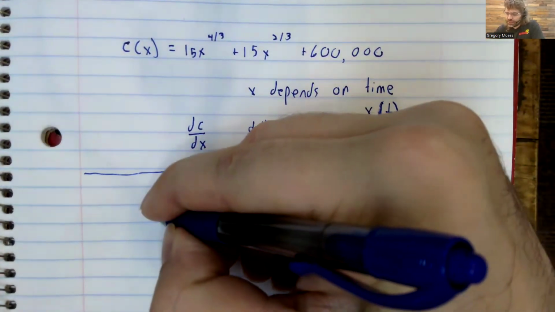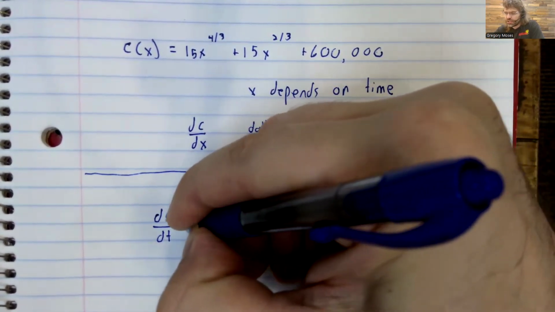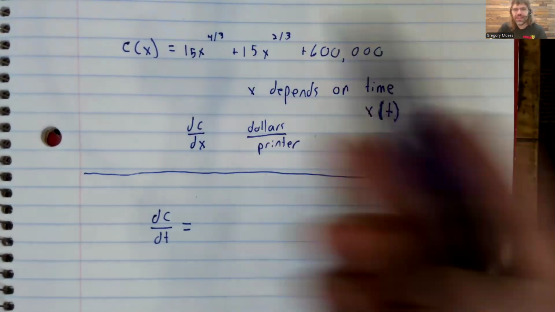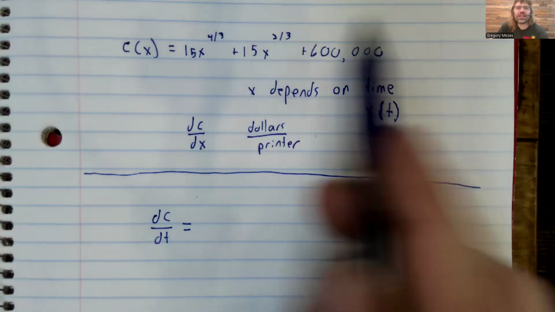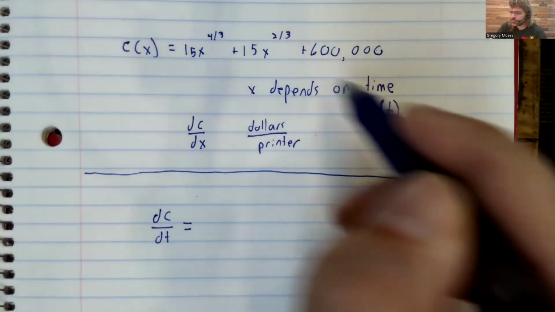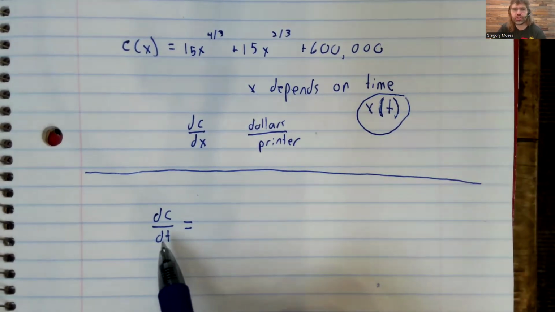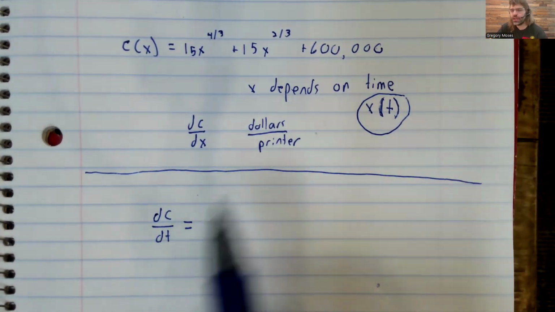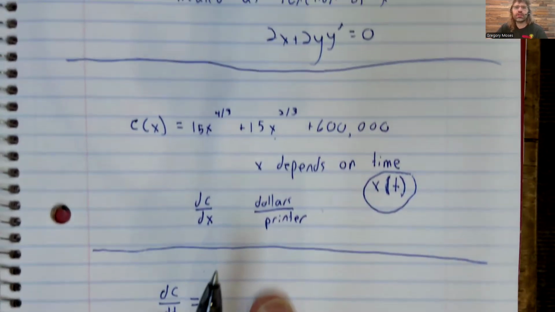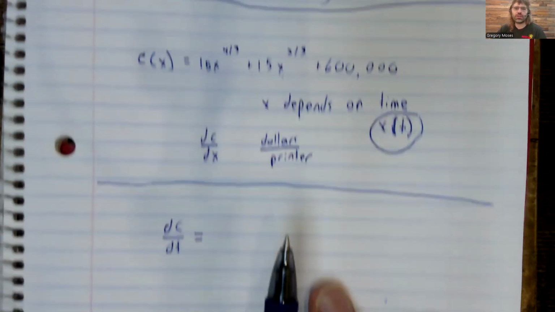Well, it means that if we want to find dC/dt, we'll differentiate this polynomial-looking expression. But because x is a function of time and we're differentiating with respect to time, we're going to need the general power rule here, just as we did in the implicit differentiation problem.